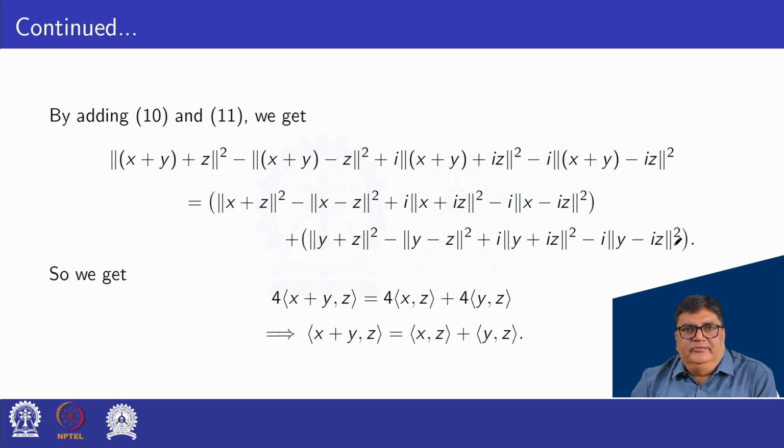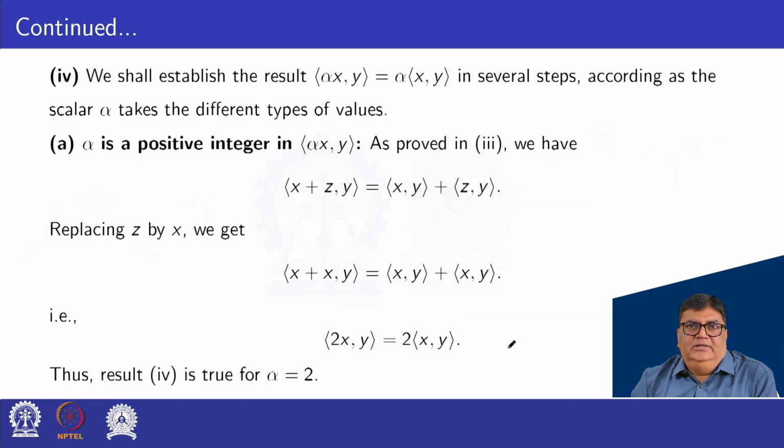So 4 is common and cancels out. So this implies that inner product of (x plus y, z) equals inner product of (x, z) plus inner product of (y, z). Okay, so the third condition is also satisfied.